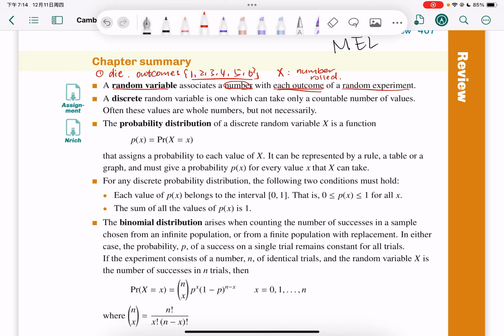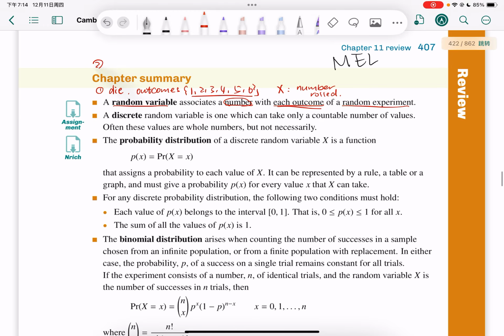And the second example can be if we flip a coin. Coins have 2 sides, so the outcomes are head and tail.